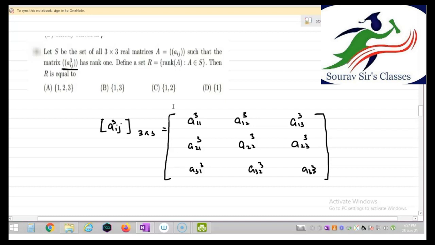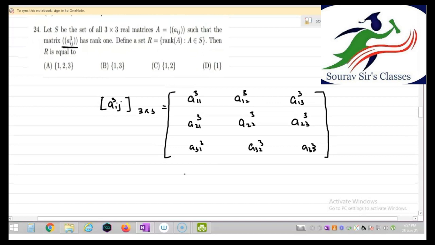Now observe that I am considering alpha, beta, gamma, where alpha is the first column vector, beta is the second column vector, gamma is the third column vector.